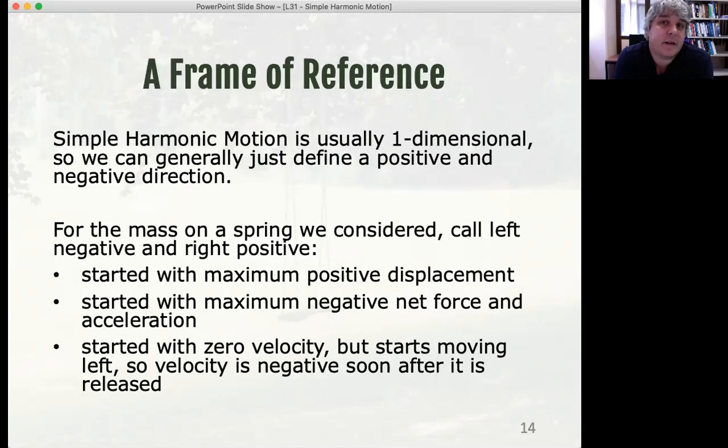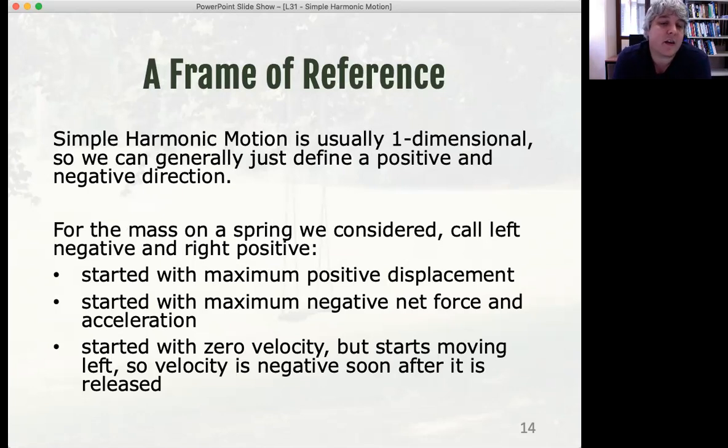To do that, we obviously need to define a frame of reference, as we do for almost every physics scenario. Simple harmonic motion is usually one-dimensional, so it's pretty easy, just our positive and negative. Remember, that's all we need for one-dimensional motion. For the mass on a spring system, I'm going to call left negative and right positive.